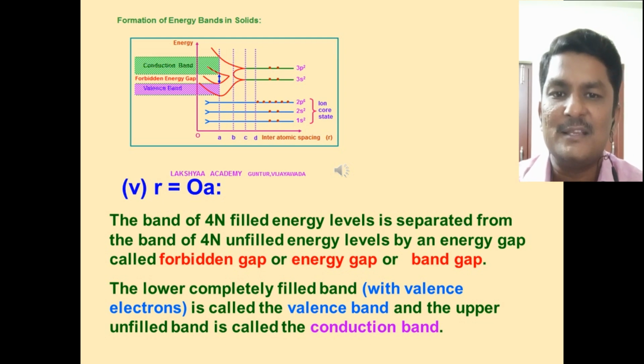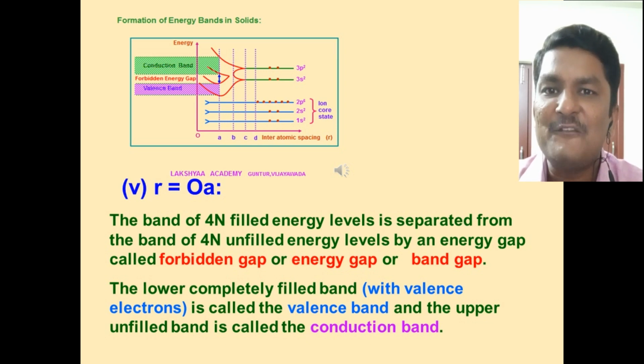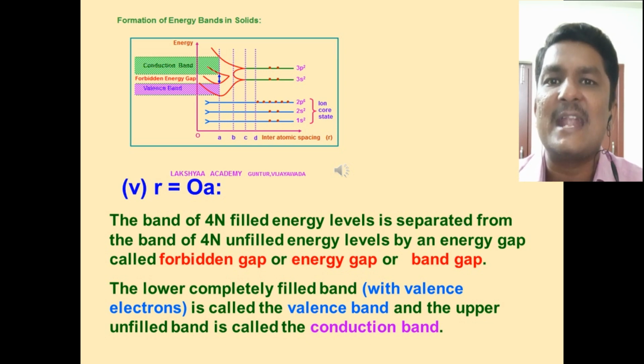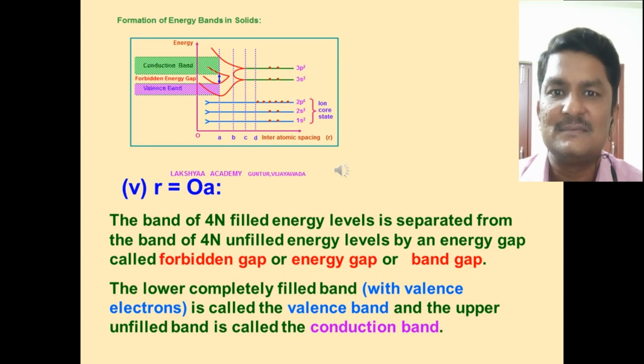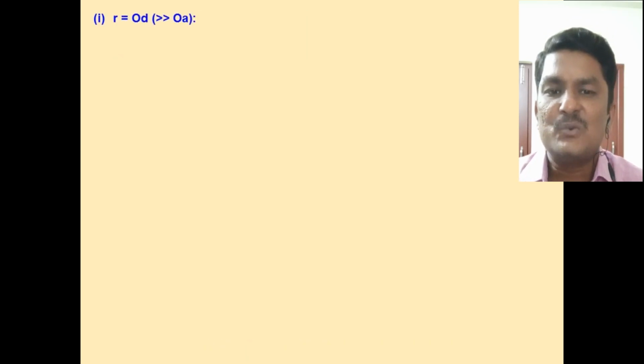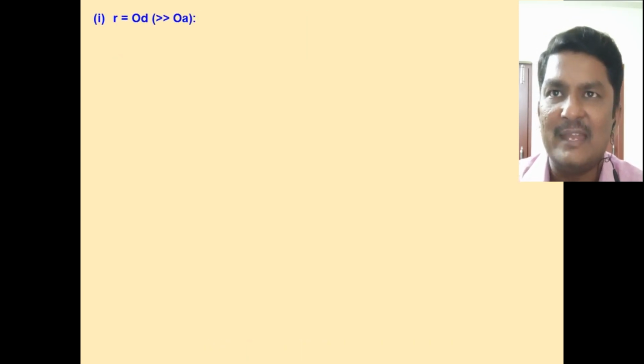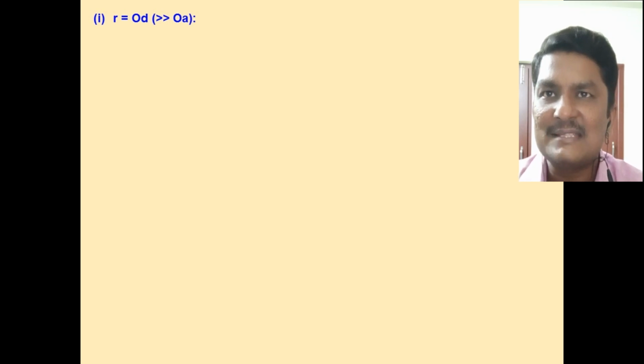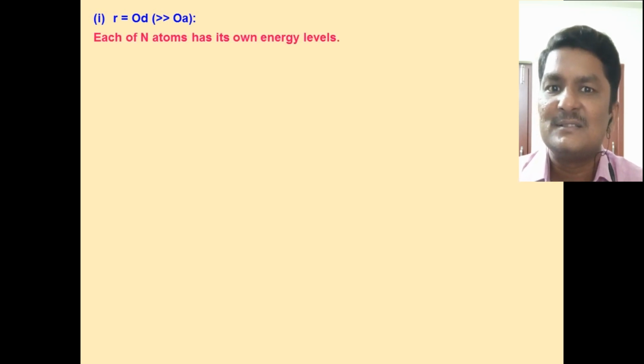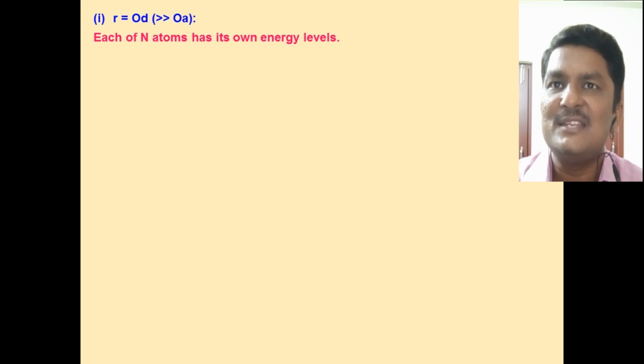So here two bands are formed. The lower completely filled energy band is called the valence band. The upper unfilled band is called the conduction band. Students, once again I have given all the 6 cases, so it is easy to note down.